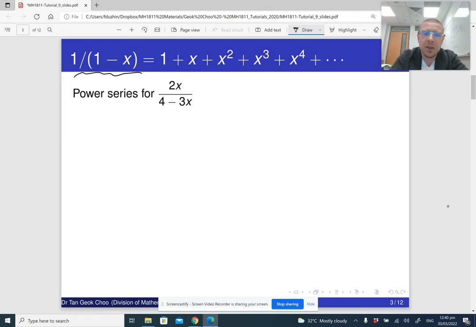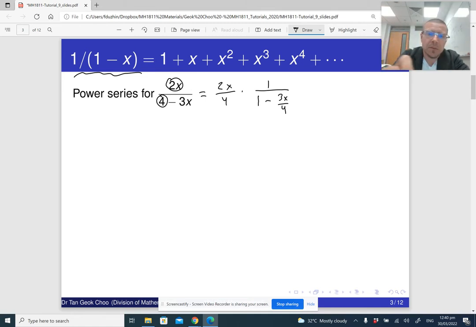In order to get that, we basically need to take out 1/4. So let me take out 2 and let me take out 4. So this is 2x over 4 times 1 over 1 minus. To get 3, I need to multiply 4 by 3/4, so it's going to be 3x over 4.